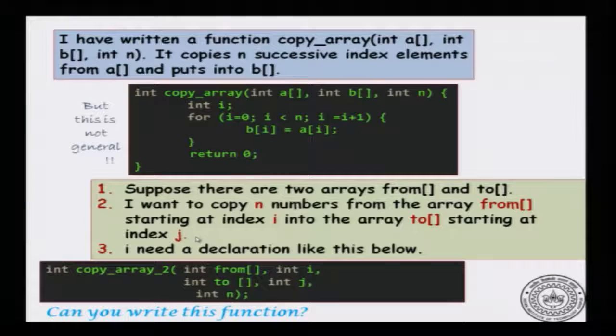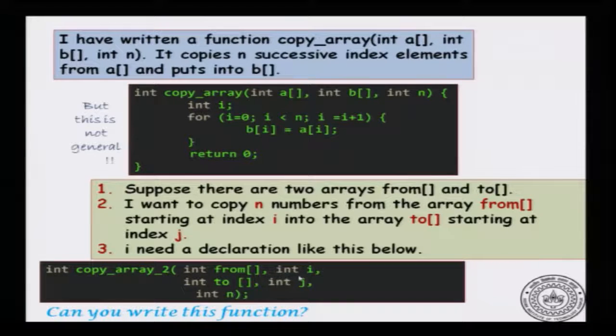So, I need a declaration like the following. I have int copy array 2. This is the second function I am writing, and I have from, to, i, j, and then n is the number of elements to copy.